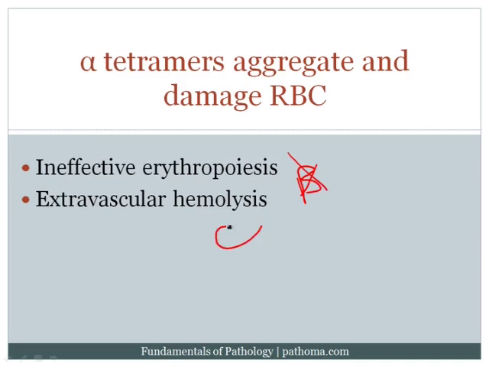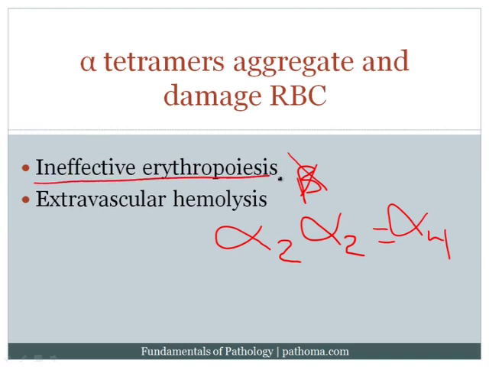So now as alpha chains are produced, the alpha chains will dimerize, and then eventually you'll have alpha 2 looking to join beta 2, but because there's no beta 2, eventually alpha 2 will join alpha 2, which will then produce tetramers of alpha. And these alpha tetramers will precipitate, and they'll damage the red blood cell. When they damage the red blood cell, that'll result in something called ineffective erythropoiesis.